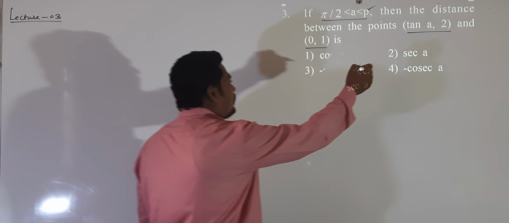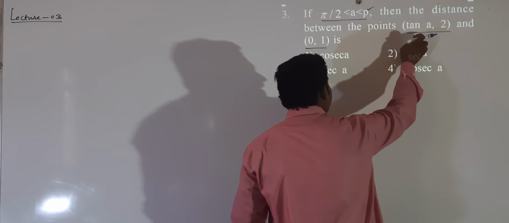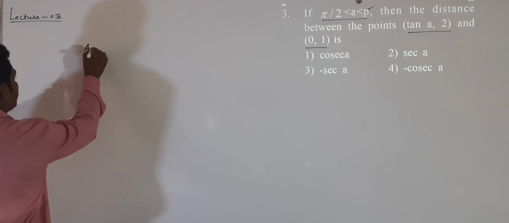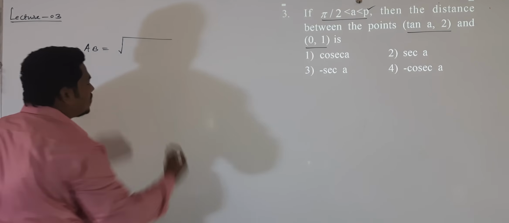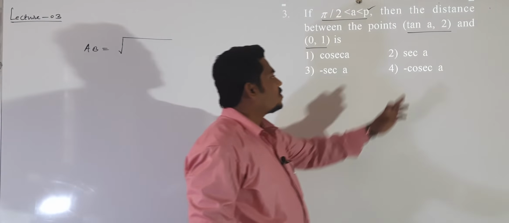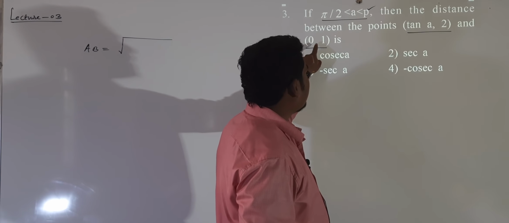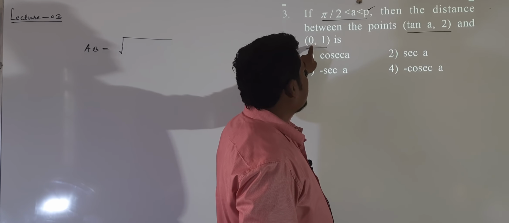Assume that the first point is A, the second point is B. Then AB distance equals, just by using the distance formula, square root of x2 minus x1 whole square plus y2 minus y1 whole square. It is x2 y2, x1 y1, right?